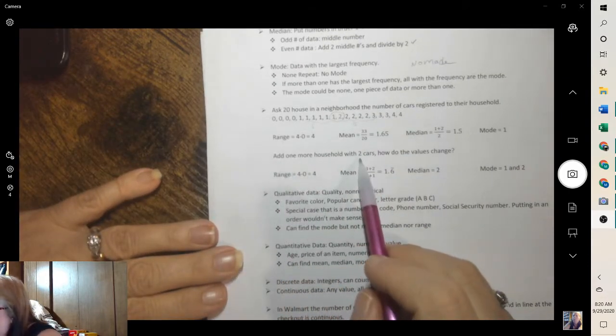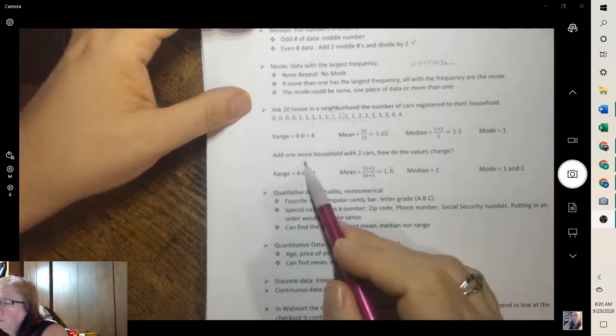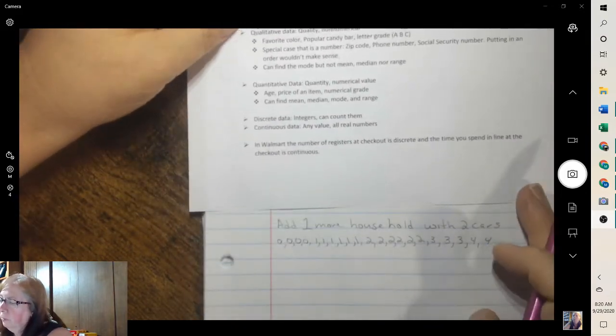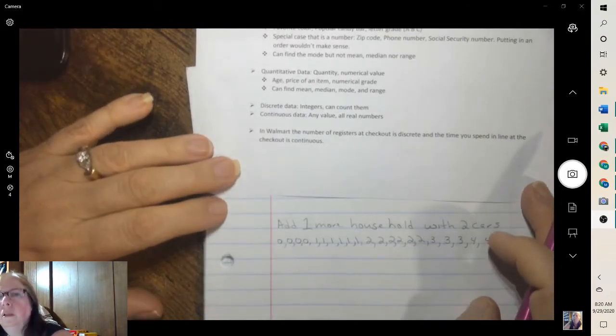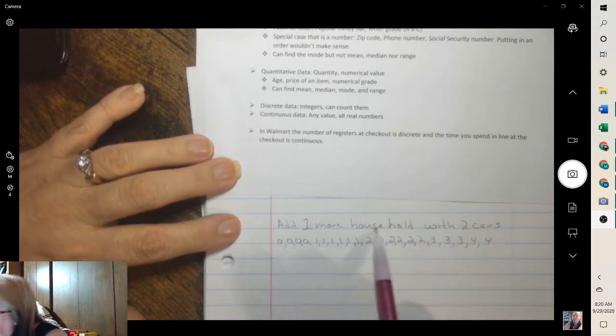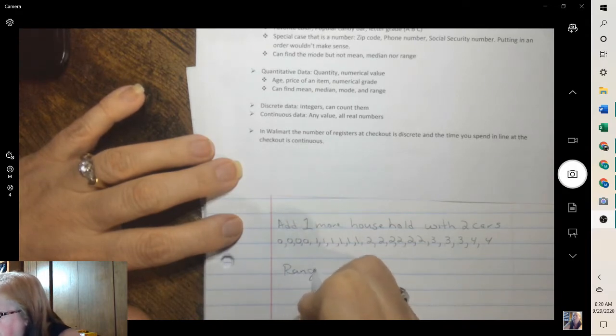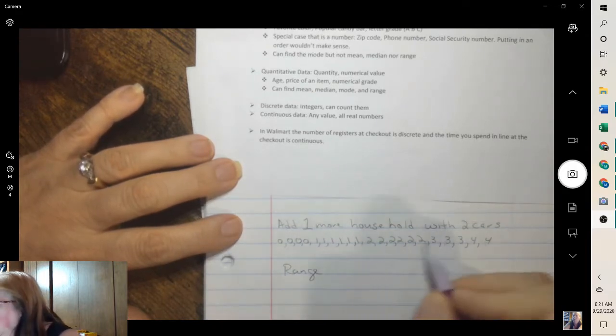If we add one more household that has 2 cars, it would look like this. And so if we find the range, since it only had 2 cars, it didn't change our range.